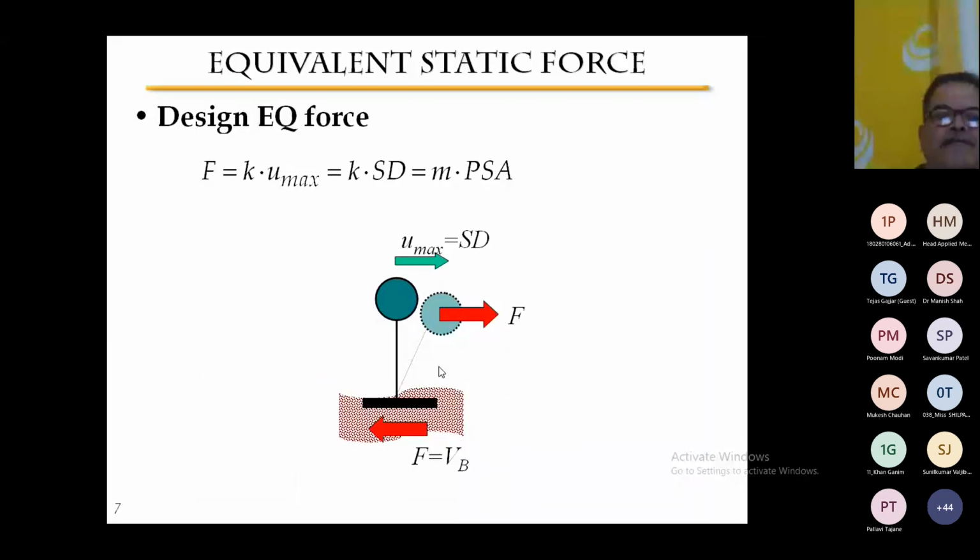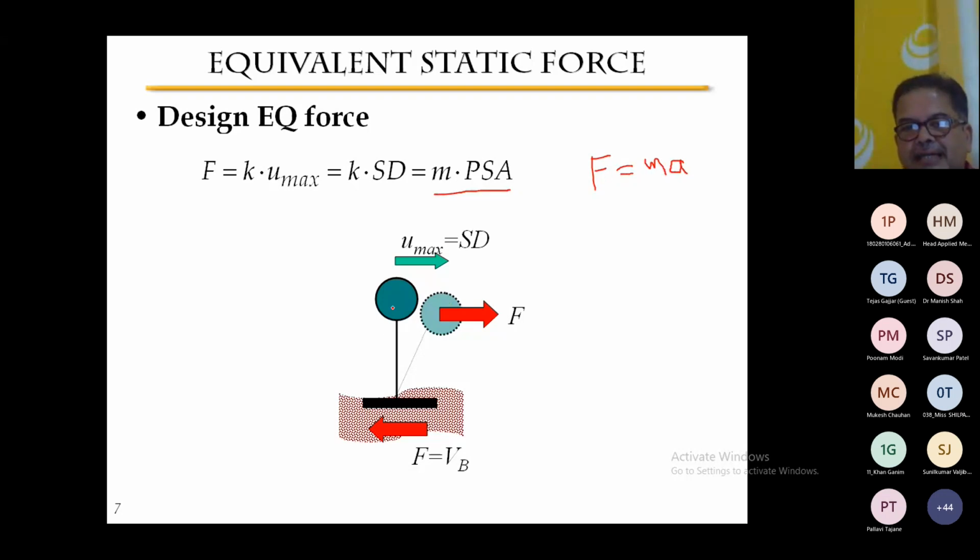And when we are calculating the earthquake force, we know what the earthquake force is. The earthquake force is mass into acceleration. F is equal to ma. This is Newton's second law, right? Mass into acceleration, that is Newton's second law. So what we are doing here is the same thing.